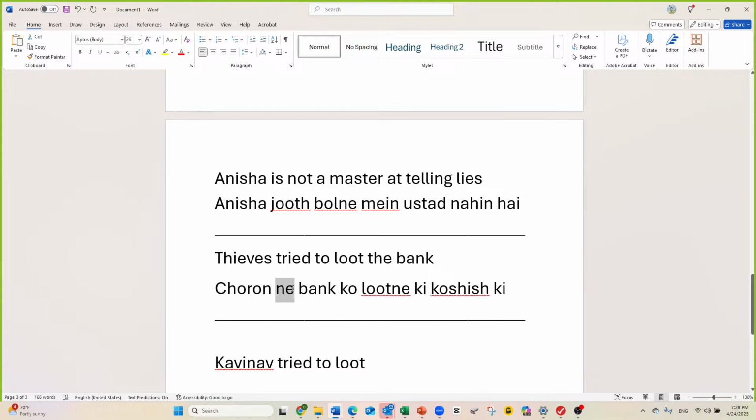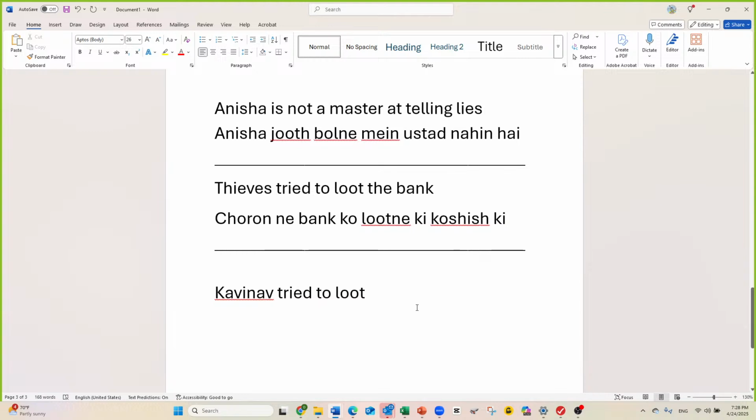Whenever we have a postposition, ne, se, ke, then it becomes oblique, and the oblique plural is choro. There are many rules about plurals and obliques. We'll learn all this in the next level of the book. The yellow book has two parts, level 1 and level 2. We are in the middle of level 1. When we get to level 2, we'll learn much more detail about these obliques. Slowly and gradually you'll start understanding.